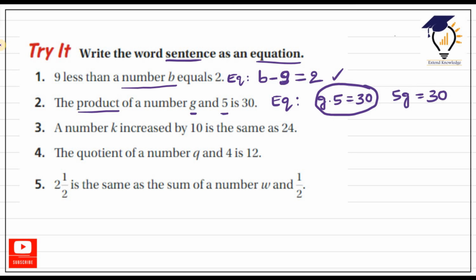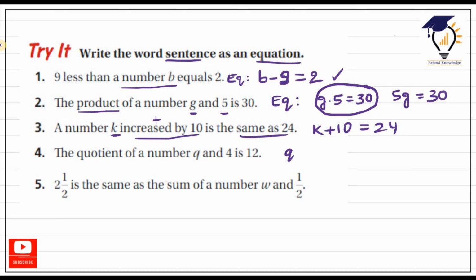Let's move to the next question. The number k increased by 10. Increase means added, so k increased by 10 means k plus 10, which is equal to 24. The quotient of a number q and 4 is 12.